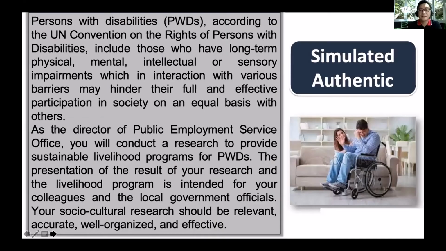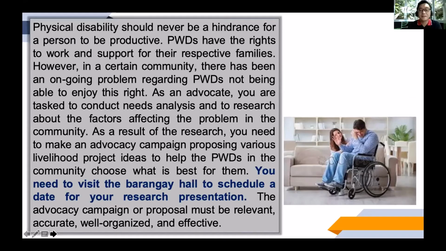However, in a certain community, there has been an ongoing problem regarding PWDs not being able to enjoy this right. As an advocate, you are tasked to conduct needs analysis and to research the factors affecting the problem in the community. As a result of the research, you need to make an advocacy campaign proposing various livelihood project ideas to help the PWDs in the community choose what is best for them.